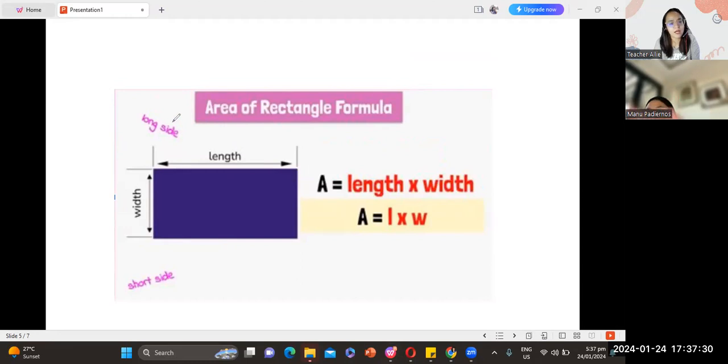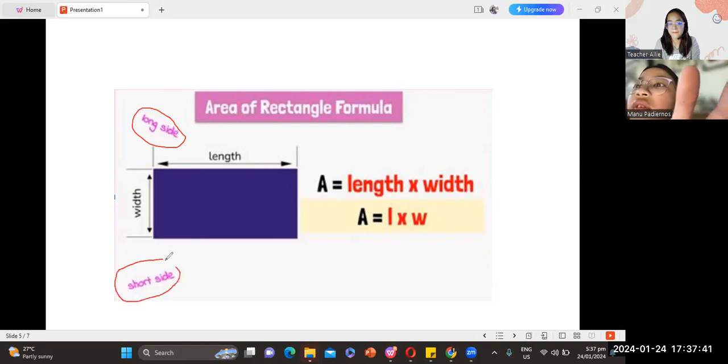Can you read please, Manu? We have the long side and the short side.